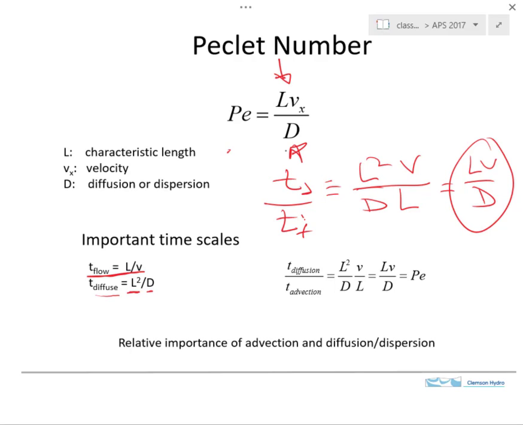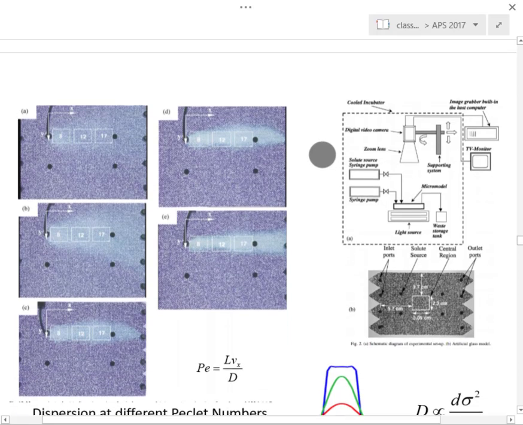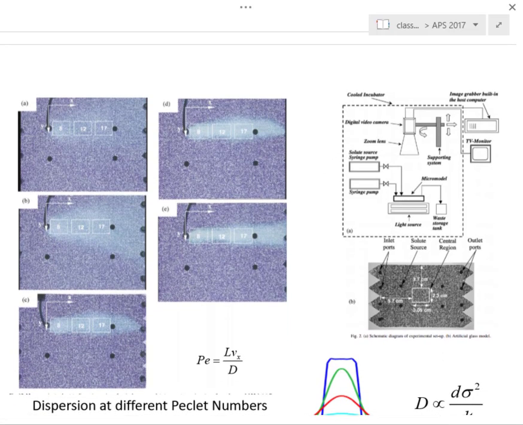So this D could be just molecular diffusion, or it could be this hydrodynamic dispersion that includes the mechanical dispersive effects as well as the diffusion of mass.